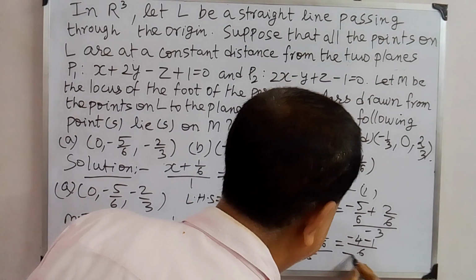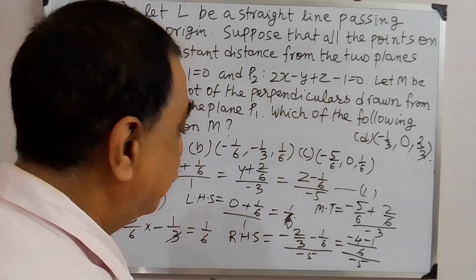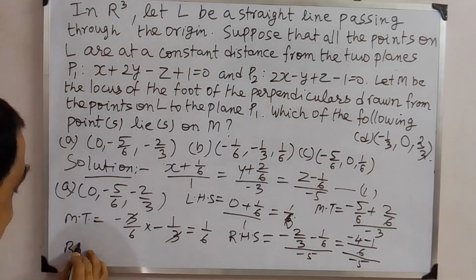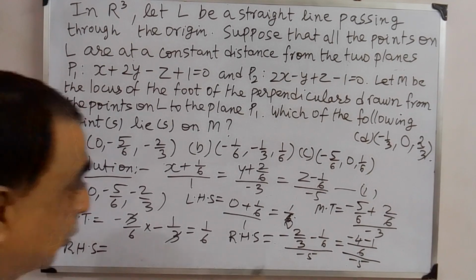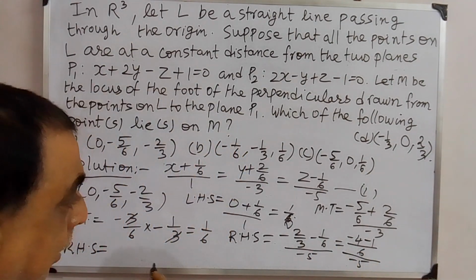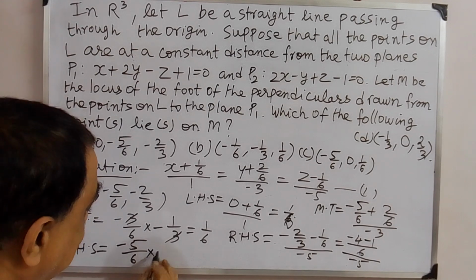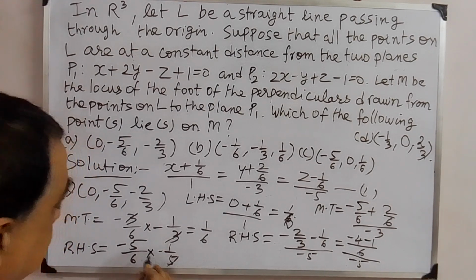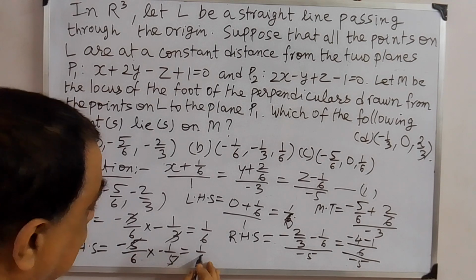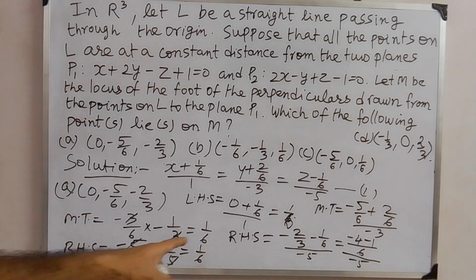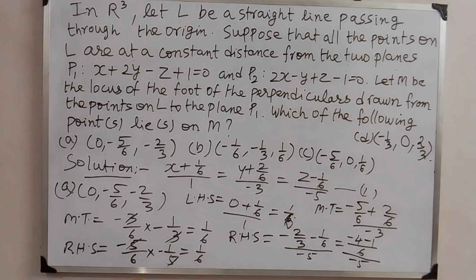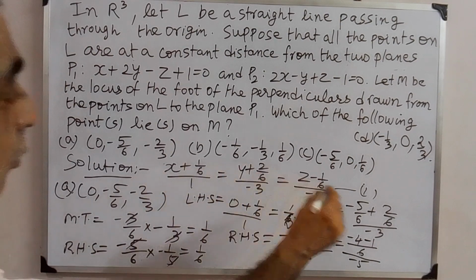So minus 1 divided by minus 5. So this RHS becomes minus 4 minus 1, which is minus 5 by 6, into minus 1 by 5. So this is also 1 by 6. So the LHS, the middle term, and the RHS are all 1 by 6. So this point A satisfies this locus.